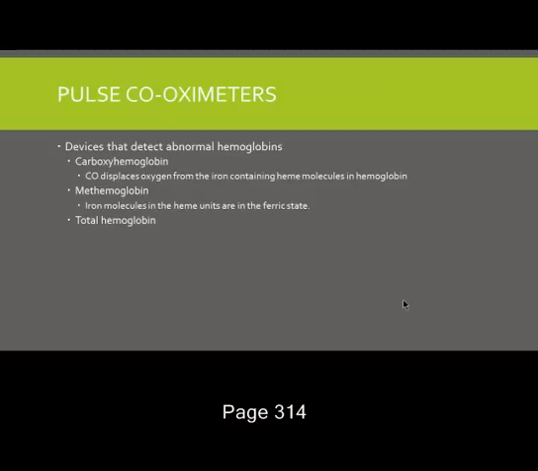But these will monitor your carboxyhemoglobin, your methemoglobin, and also total hemoglobin. In the acute setting, in the here and now, we're trying to manage this patient's airway. A lot of these really are not going to be of as much importance as your SpO2 is, right?